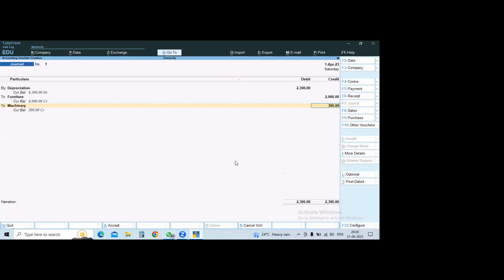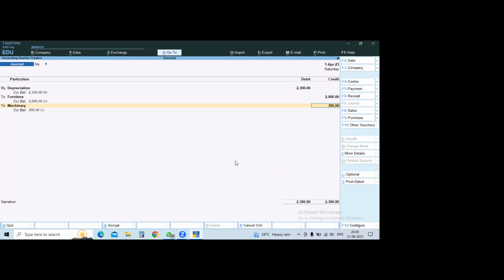Depreciation will be taken under two places. One is the profit and loss account, the other is the balance sheet. In the profit and loss account, only the depreciation of 2,300 will show. In the balance sheet, this amount is reduced from the furniture and machinery value. For the value at which you purchased your furniture, that amount will be reduced.